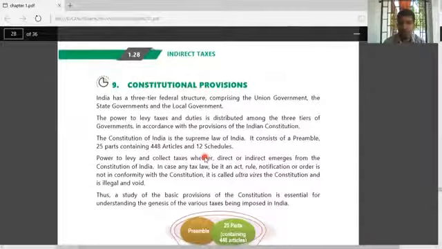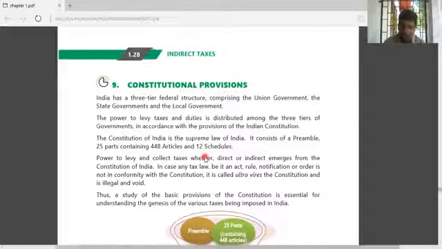Now, constitutional provisions. We know the Constitution of India contains various articles, and in these articles the law is constituted. A tax can be introduced only if it is permitted under the Constitution.